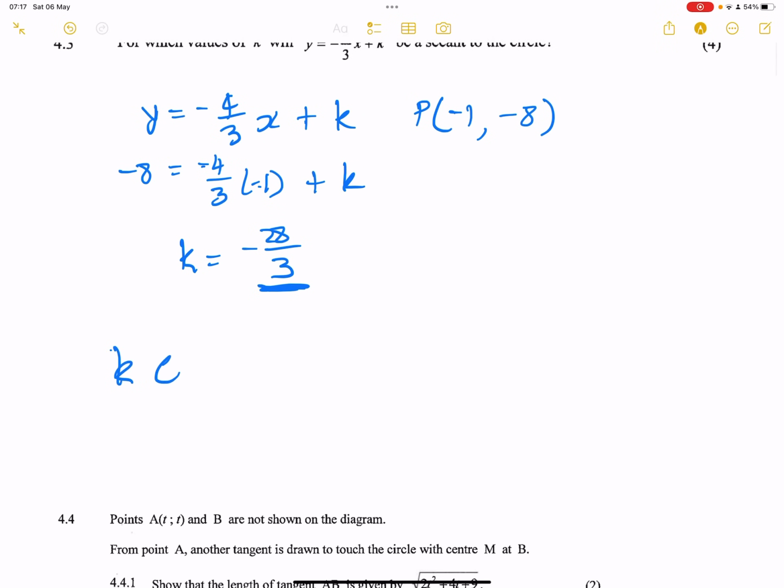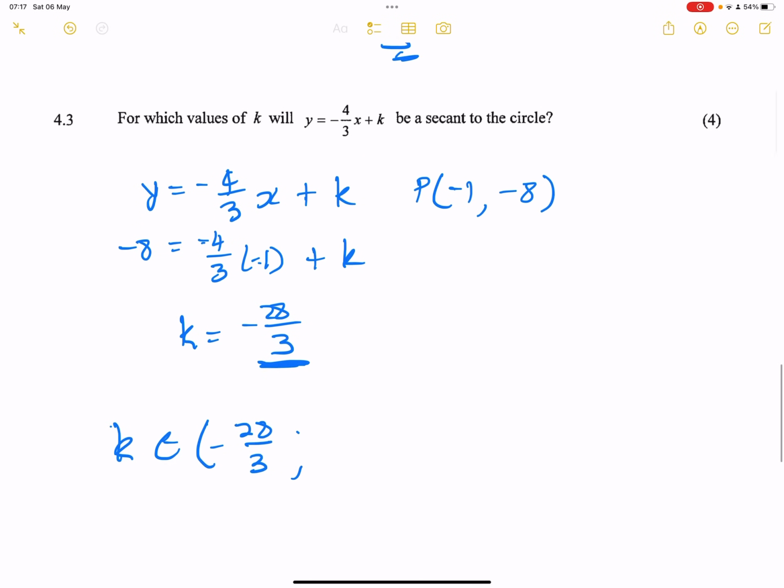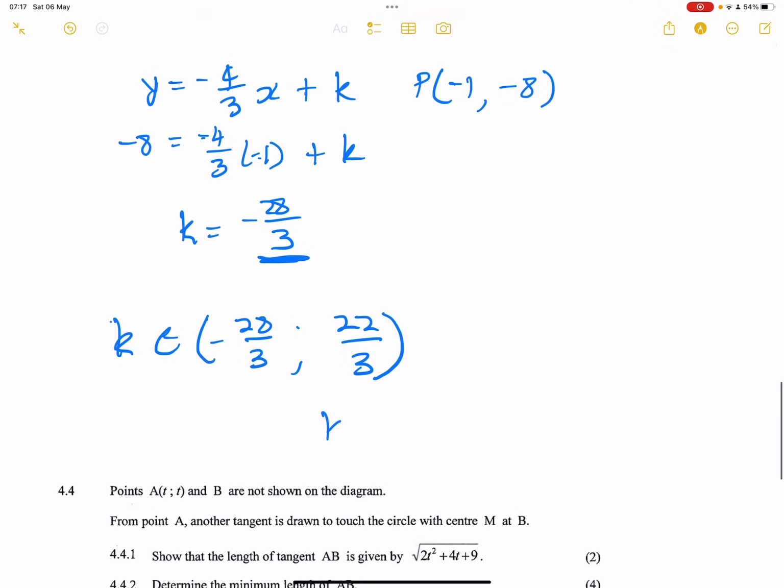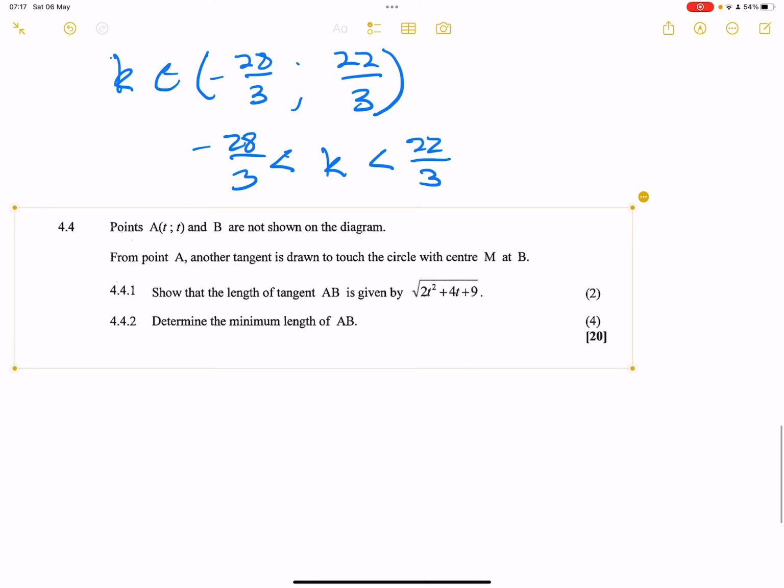So k would be an element of, we always start with the smaller value, negative 28 over 3 and the upper one, 22 over 3, excluded. Or you can simply write it as k is less than 22 over 3, but it must be greater than negative 28 over 3. I hope that makes sense, ladies and gents.